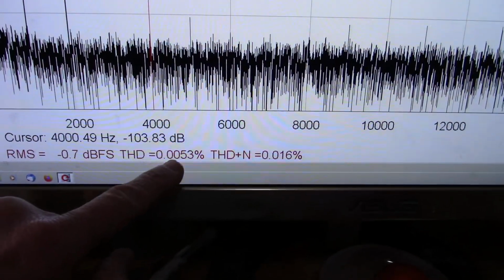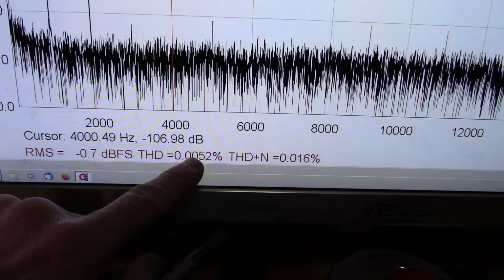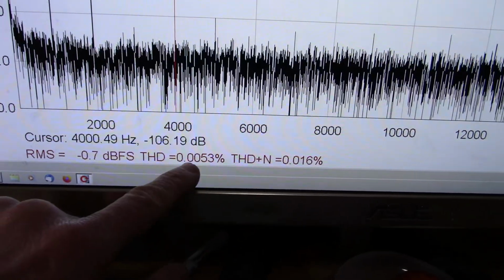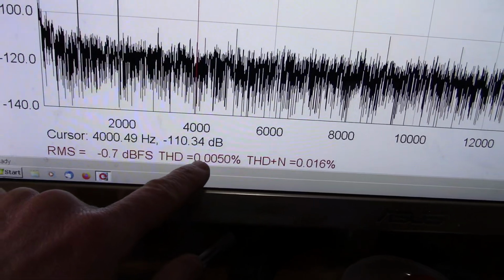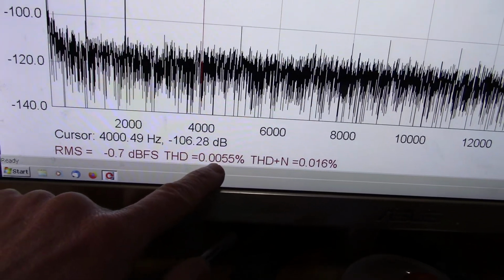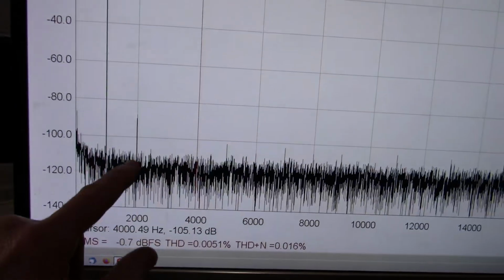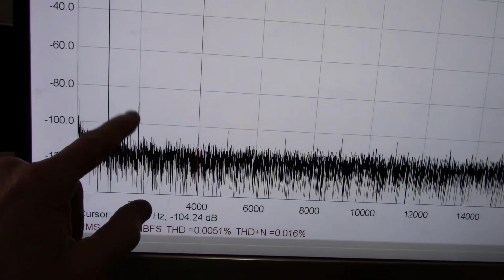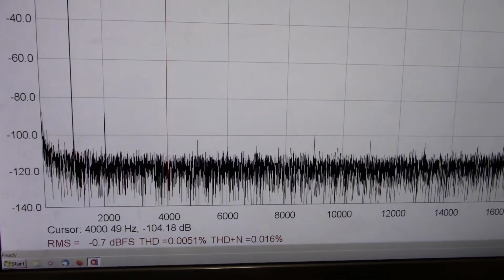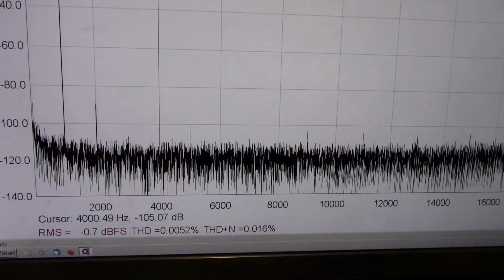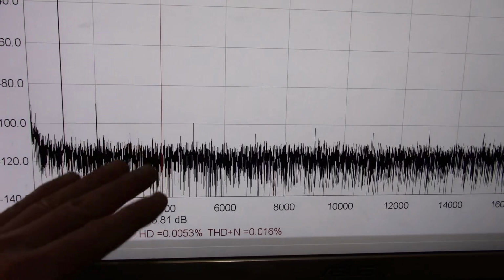This is at the baseline signal, or I'm sorry, baseline distortion. You know, pretty much 0.005. And remember, this node was in the original preamp node, so that amplifier is not adding any sort of distortion that I can measure.